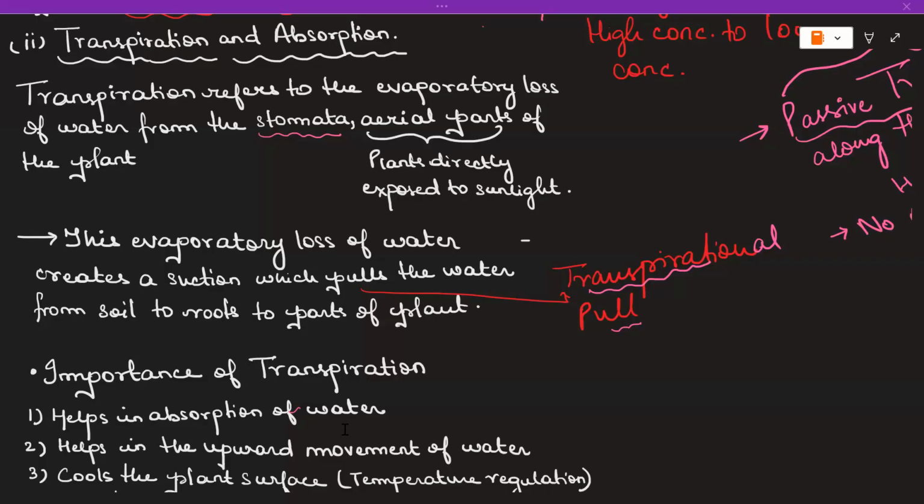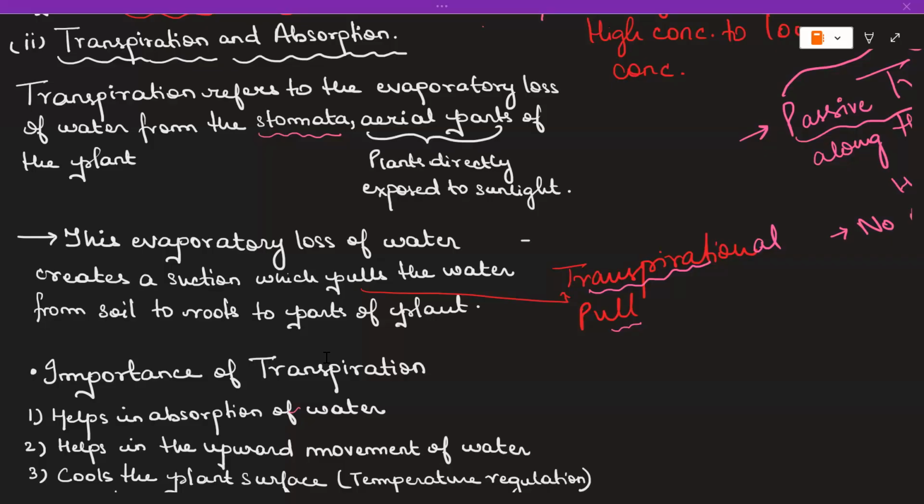Also, did you understand how the transpiration creates a pull for the water to be absorbed? Did you understand that part, Inan? Yes, ma'am. To prevent the loss of water through stomata, right? Yeah, because the loss of water is happening anyway. So in order to compensate for that, the plant loses the water from the top and absorbs the water from the bottom. Clear?